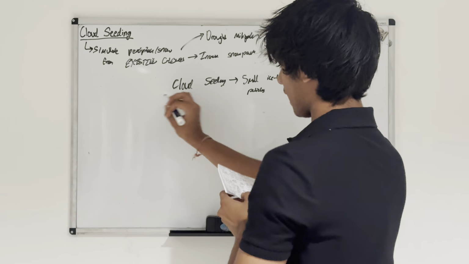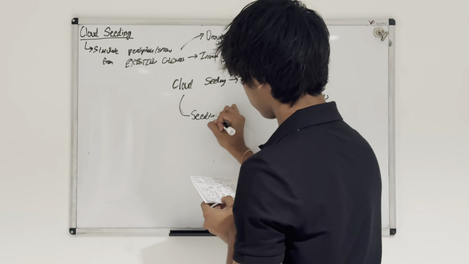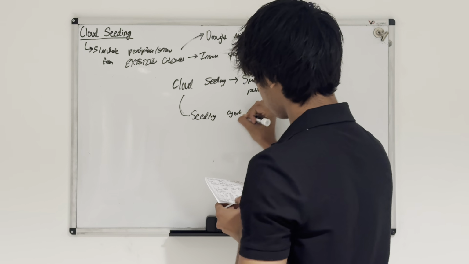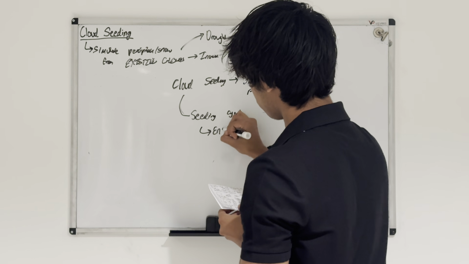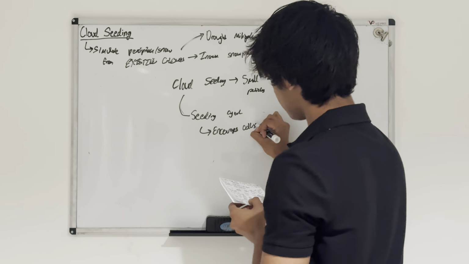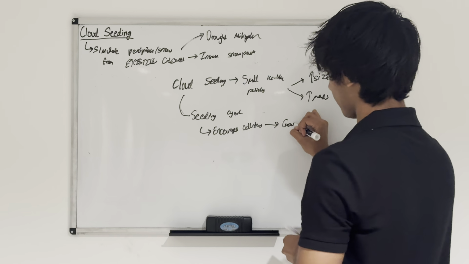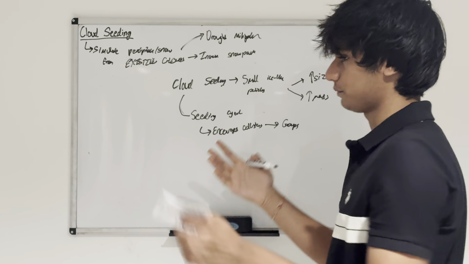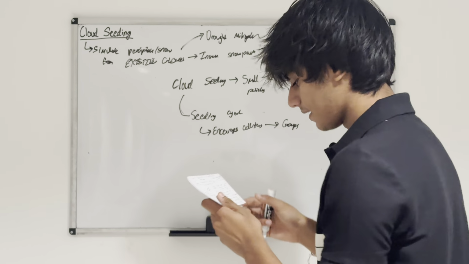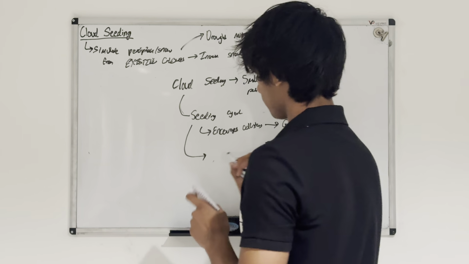And so for cloud seeding, we send a seeding agent which encourages collisions between the droplets, and it also groups them together as a result of these collisions. So it encourages collisions, or just groups them together directly. And so the main material we use for a seeding agent is dry ice.